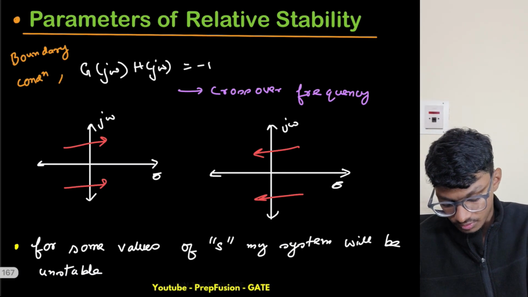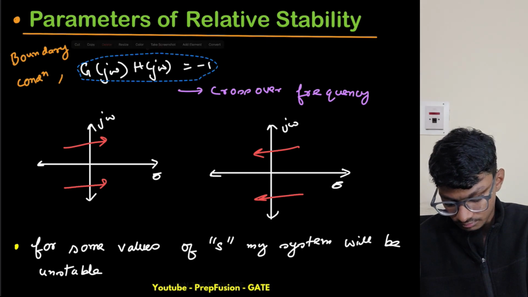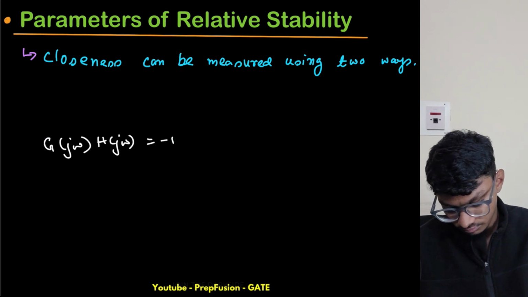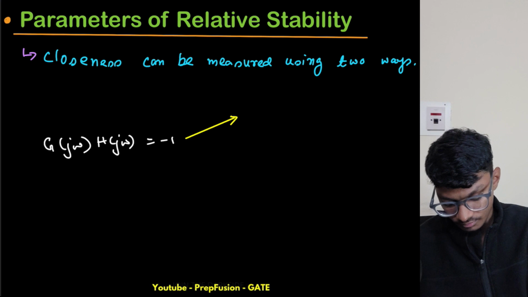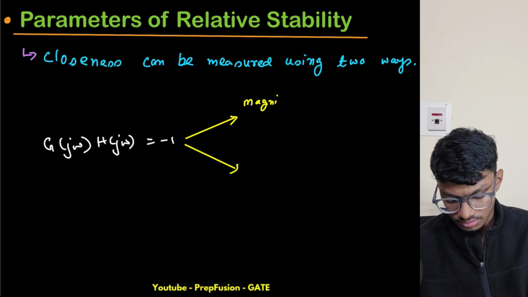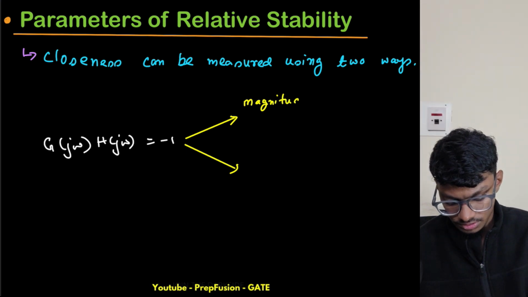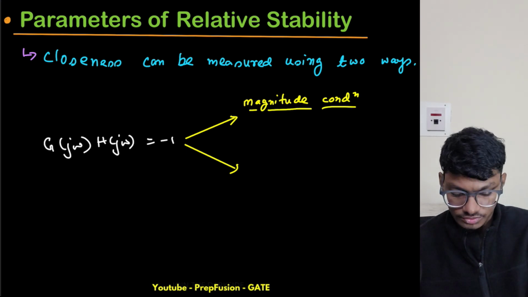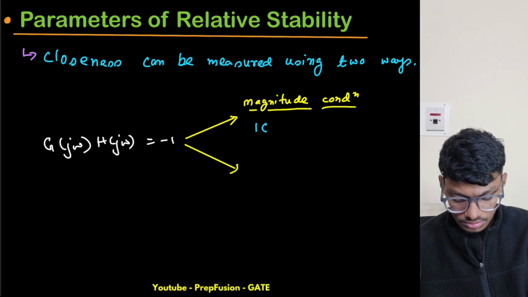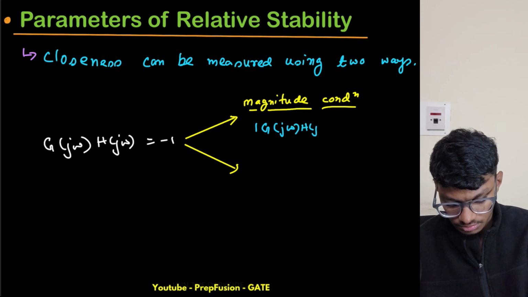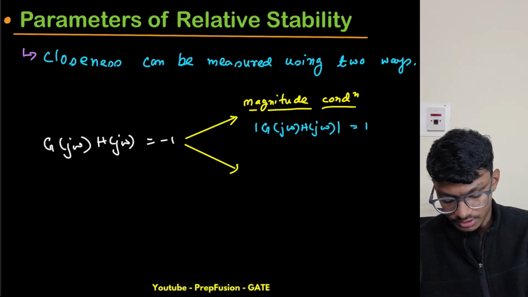So again I will copy this equation. I'll have two conditions basically. The first one is the magnitude condition. What does this mean? |G(jω)| equals 1 itself.